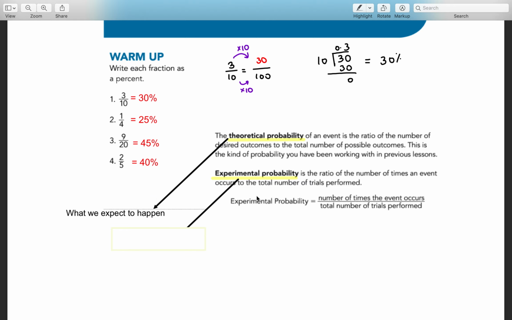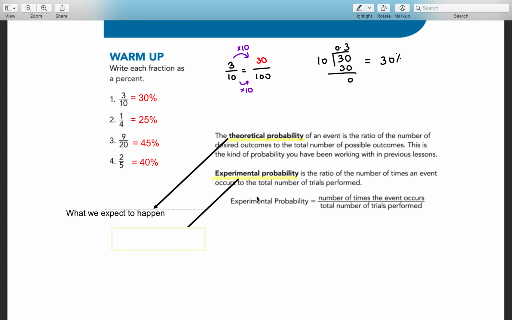Theoretical probability, easily said, is what we expect to happen. We've done a lot of examples with spinners or you drawing a marble from a bag. Those are all theoretical probabilities. So theoretically, what are the chances of you rolling a green marble out of a total bag or whatever?